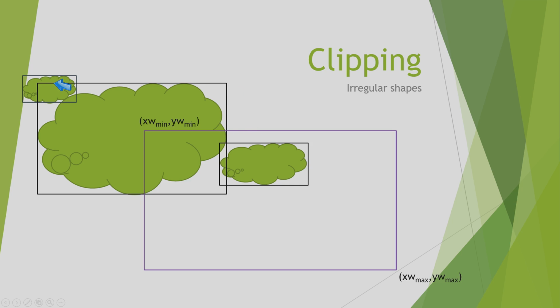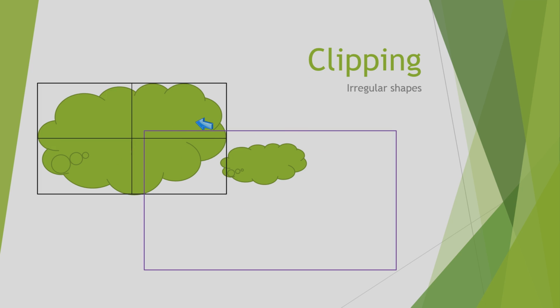This shape will be rejected outrightly and this one will be accepted as such. So after clipping we will have something like this. The work which we do on the rectangle clashing with the clipping window is that we divide it into four parts like this.